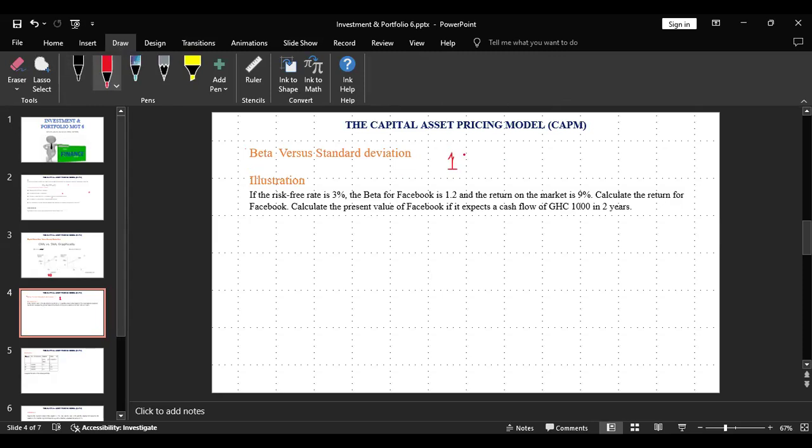It means that the beta of that investment, if it's asset A that I invested in, the risk of asset A is the same as the risk of the market.